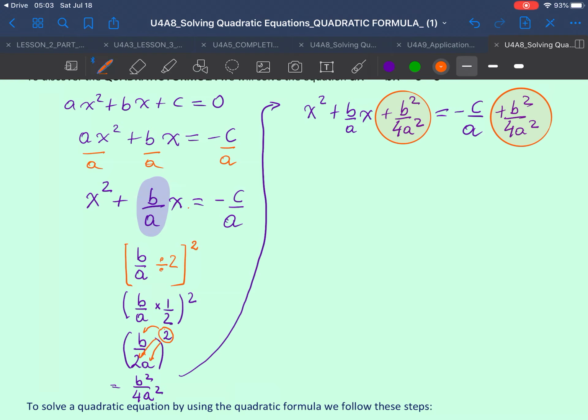Now, the next thing that we want to do is write this perfect square trinomial that is in the left side of the equation in factored form. And because I know that this is a perfect square, I know what the factored form would look like. It will be a binomial squared. The binomial is obtained by square rooting the first term, x squared, so that's x.